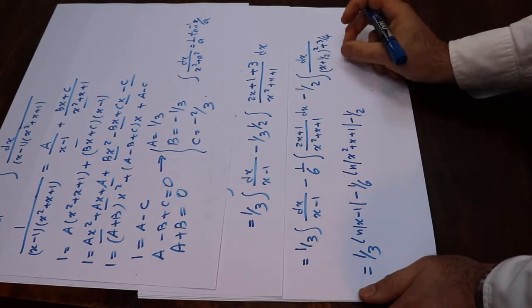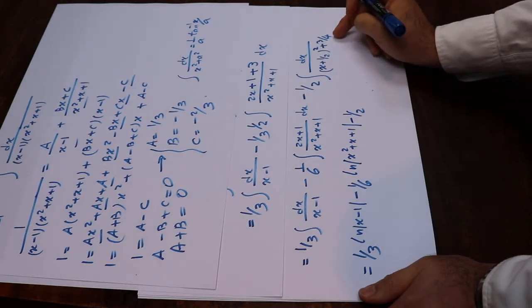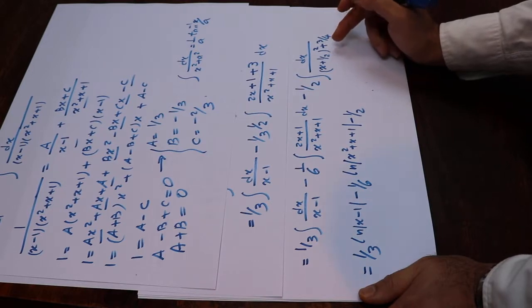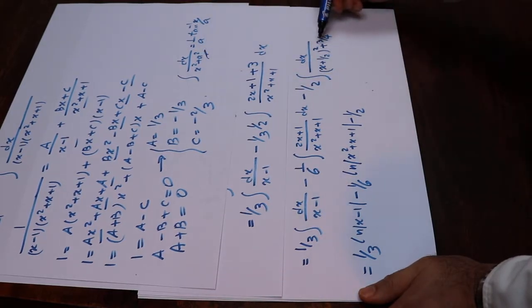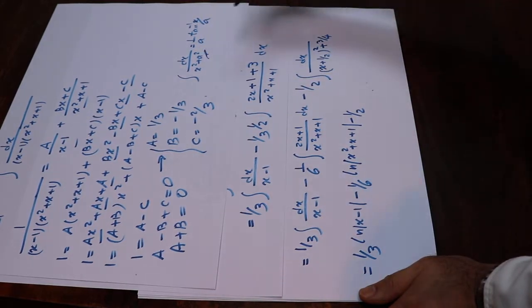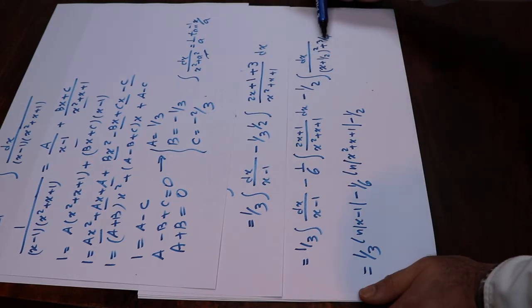So here, a is basically the square root of 3 divided by 2, because a² is 3 divided by 4, therefore a will be the square root of this one, which will be square root of 3 divided by 2.